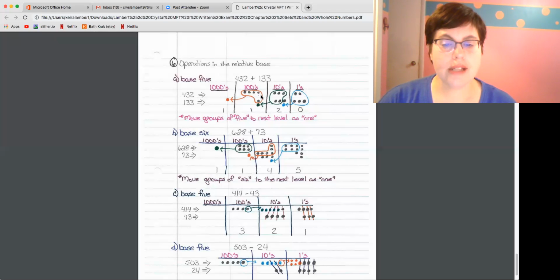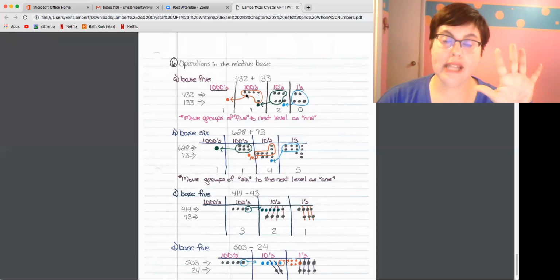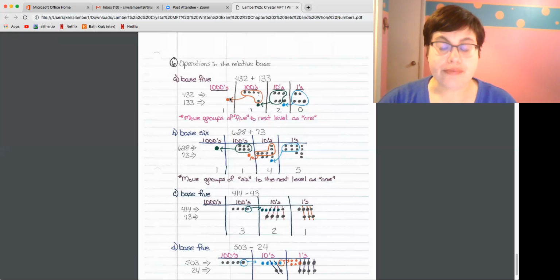So here I circled 5 of the dots in orange. That 1 set of 5 becomes 1 unit, and I'm moving it to the thousands column. So when we add this together, we have 1 in the thousands. Now this group moved, so I can't count that.